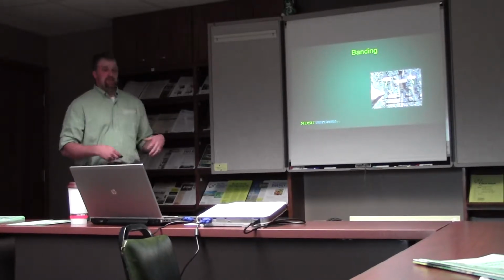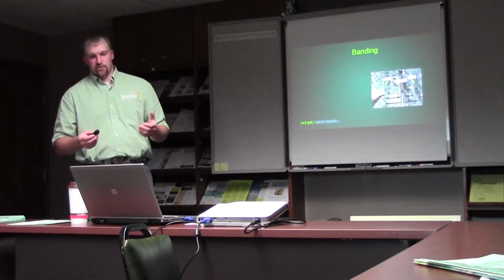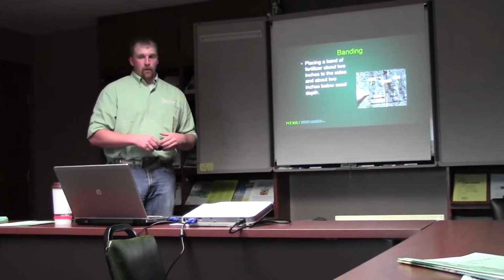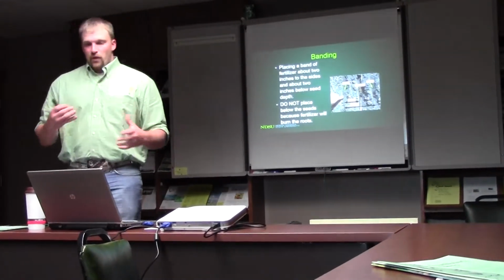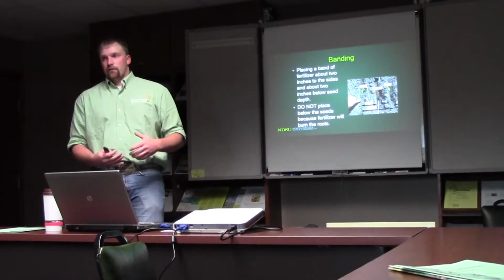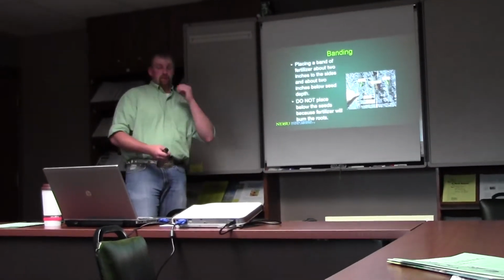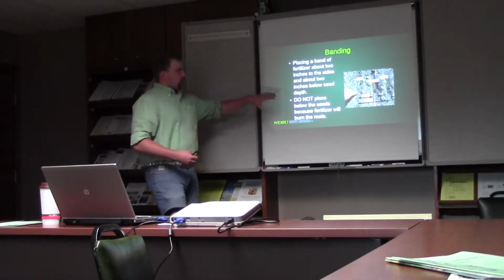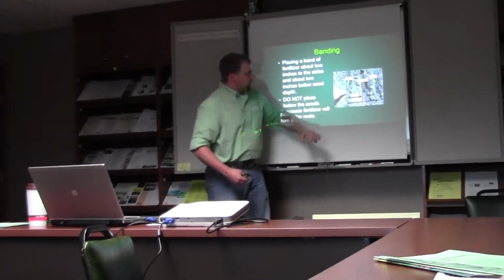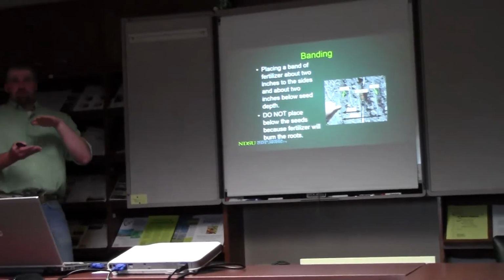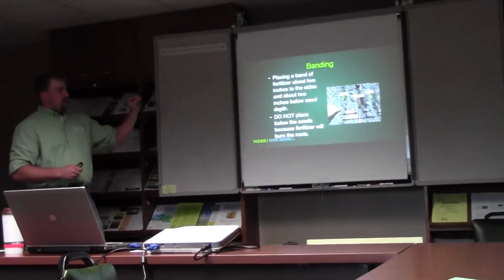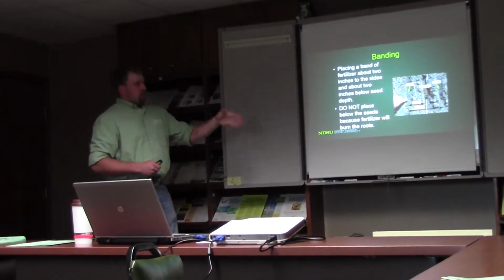So banding, essentially how this works, and a lot of farmers, or some farmers, utilize this technique. At this point we're a little bit past it, so for next year, if you want to go this route, it'd be an option to do. Typically how it works is you've got your different seed rows, and in between those, about 2-3 inches deeper than where your soil is at, you're going to have your fertilizer put in that middle.